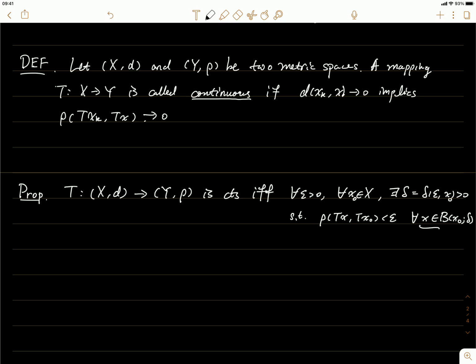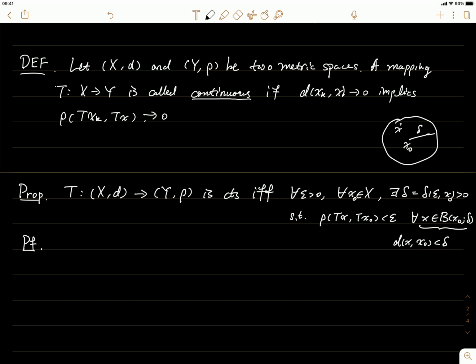So this just means that X is in the open ball centered at X naught with a radius delta. Your X will be somewhere in this open ball. So that will be the same meaning. So we say that this mapping is continuous if and only if this is true.